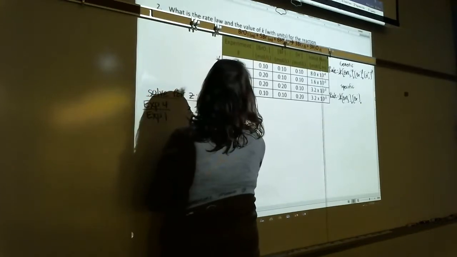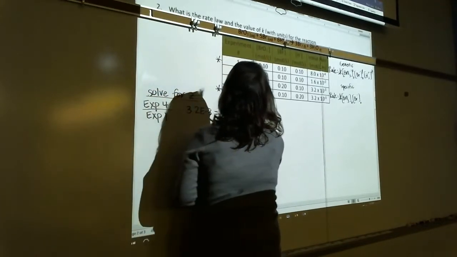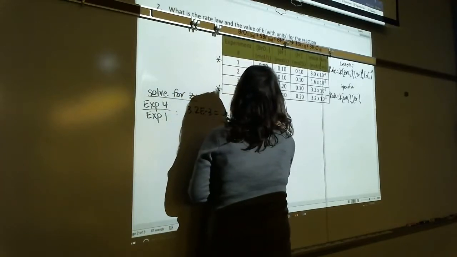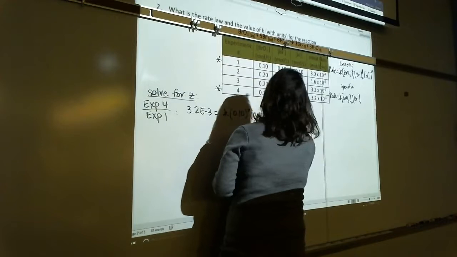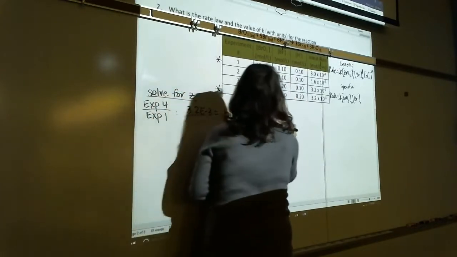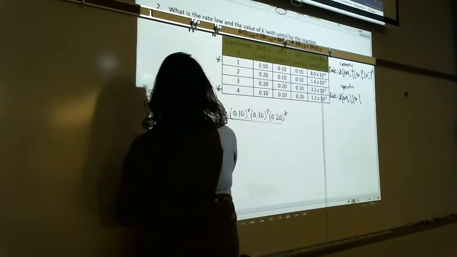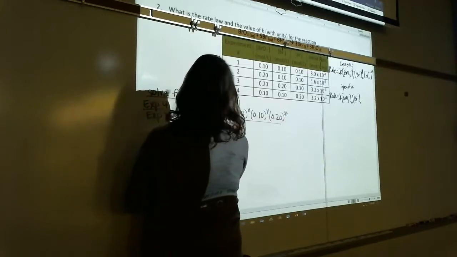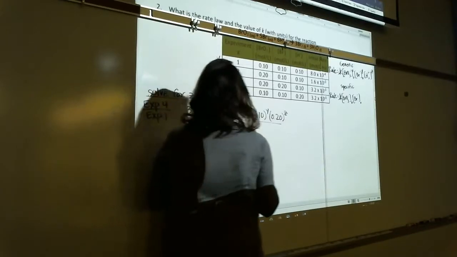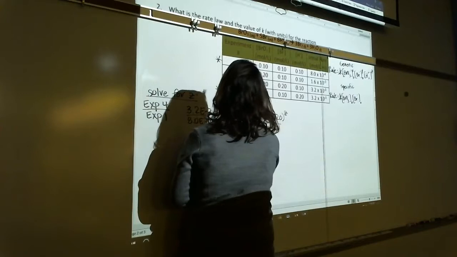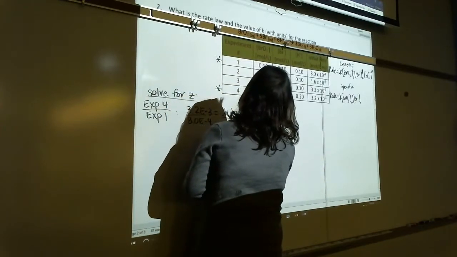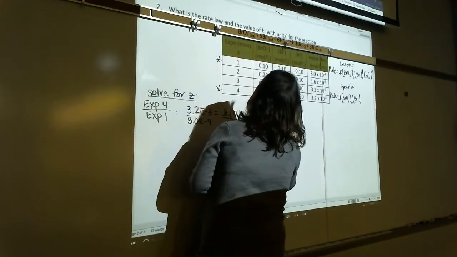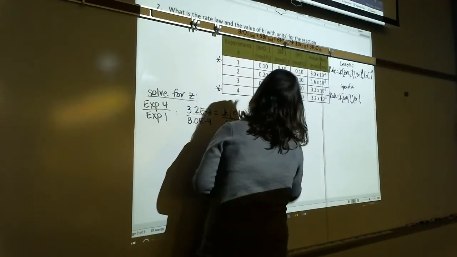Rate equals k, 0.10 to the x, 0.10 to the y, 0.20 to the z, divided by, rate for trial 1, 8 times 10 to the negative fourth. And then we've got k, 0.10 to the x, 0.10 to the y, 0.10 to the z.